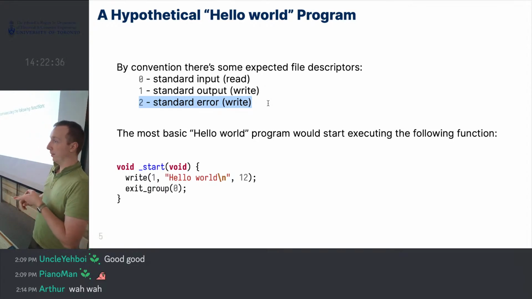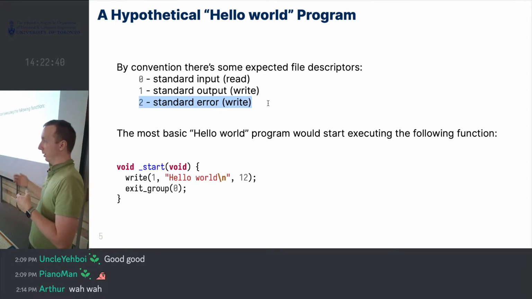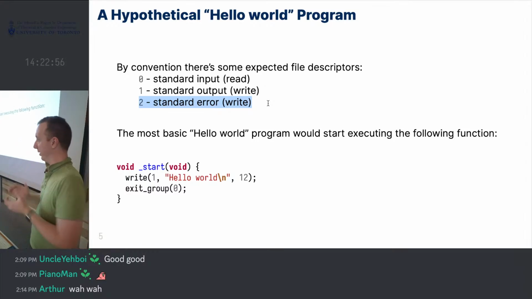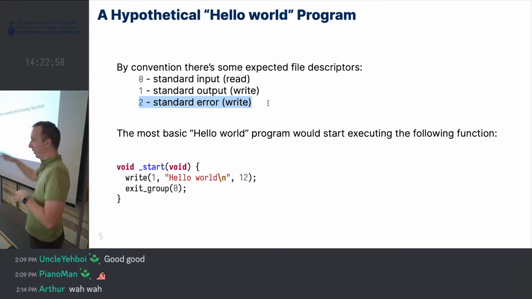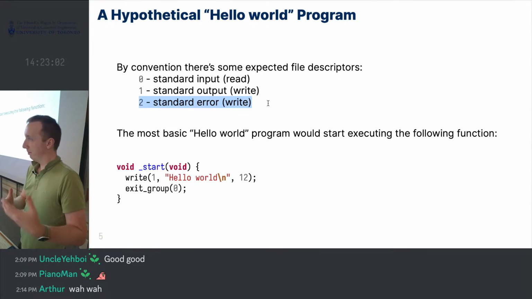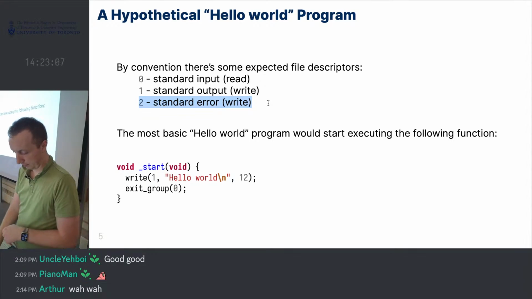Returning from main in C takes care of figuring out how to exit a process on whatever operating system you're running on. Returning from main on Linux will eventually call exit group with whatever number you return from main. On Windows it'll do something different because that won't exist. So C does some nice things for us. We thought it was low level, but it actually does some things.